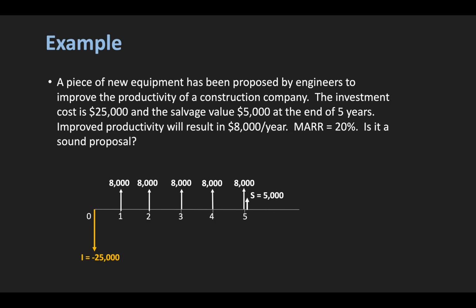Okay, let's go back to the example we used before. Same example here. This is our cash flow, nothing changed. Now, what we want to do is use our annual worth method to calculate if this is a sound project or not, if this is a sound proposal or not. I want to convert everything to annuity.